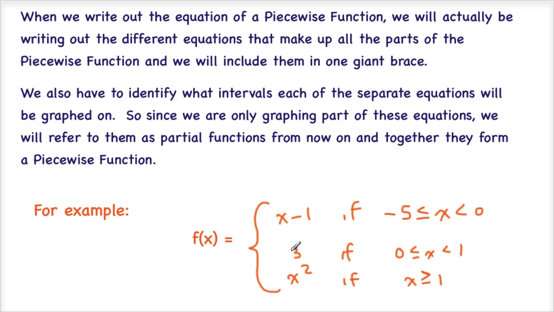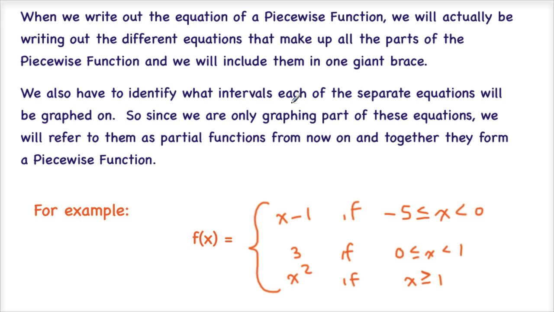Then I'm going to have the function f of x equals 3 graphed for all the x values between 0 included and 1. And then I'm going to have the function f of x equals x squared graphed for all the x values that are greater than or equal to 1.